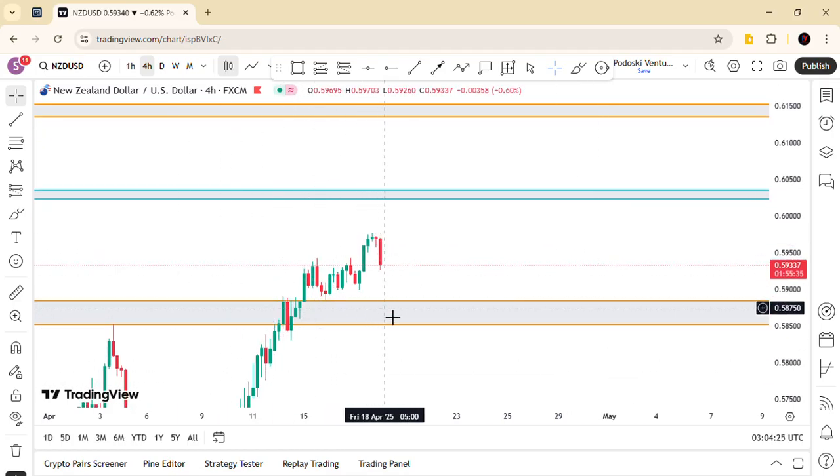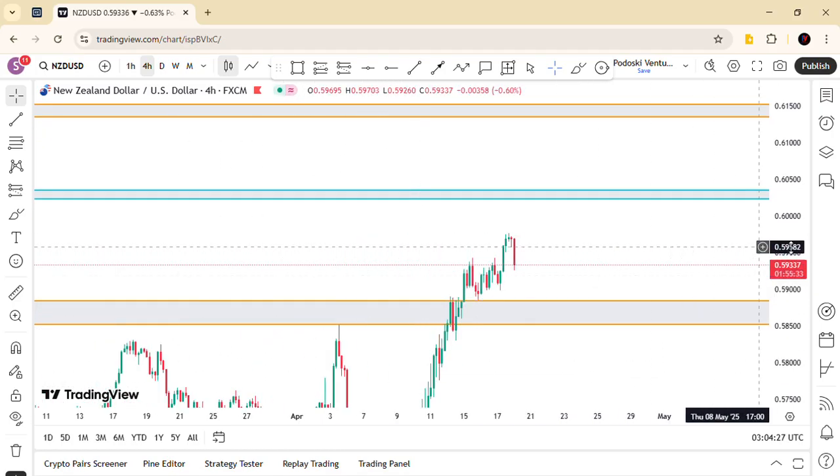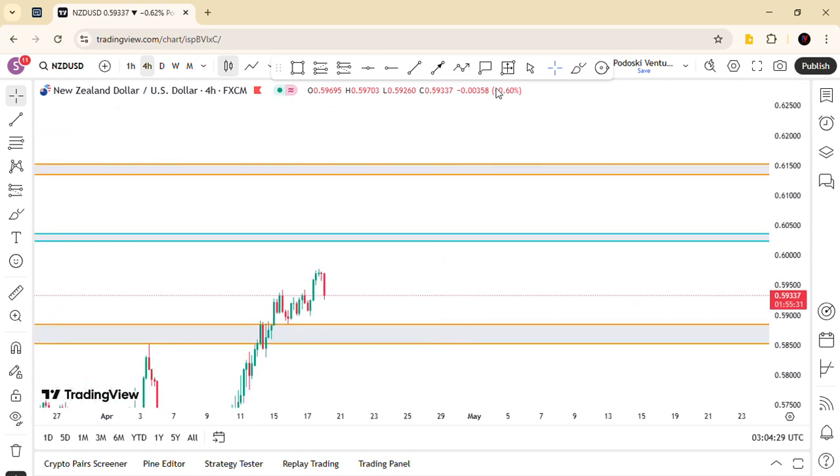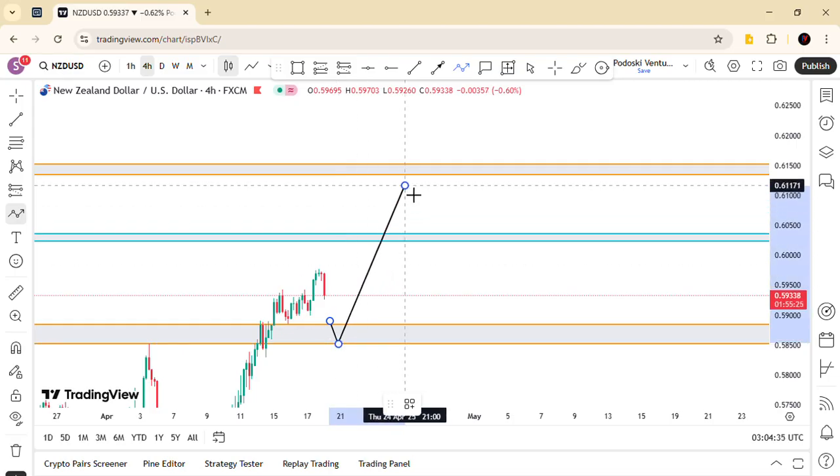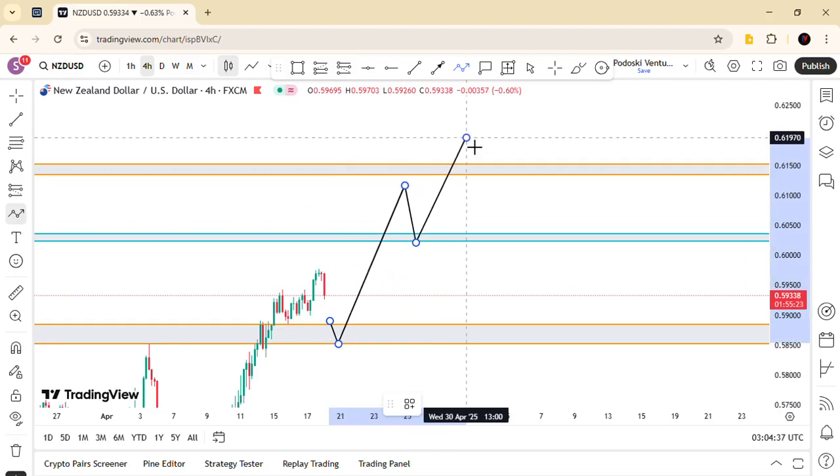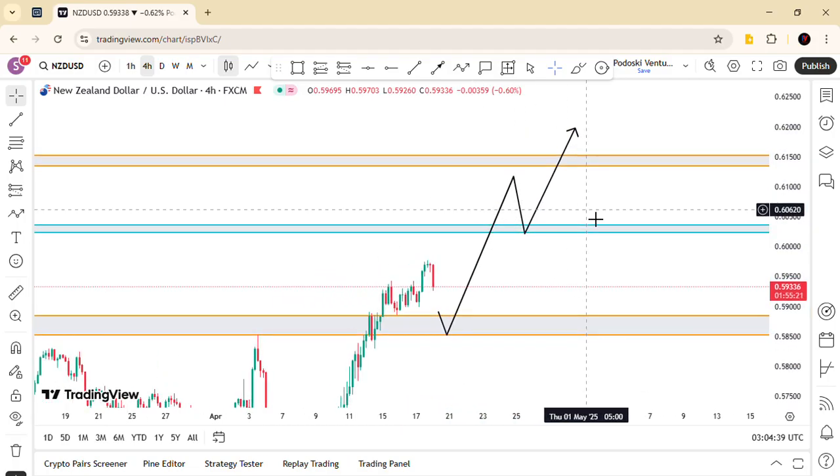So you are going to be waiting for a retest into the monthly zone before we take our buy on NZD USD all the way to the upside.